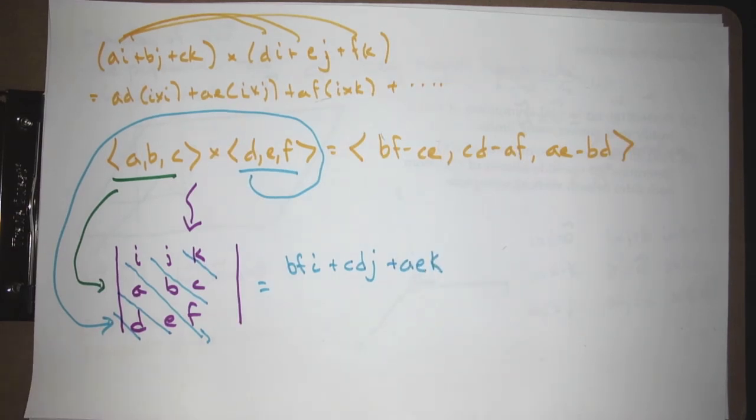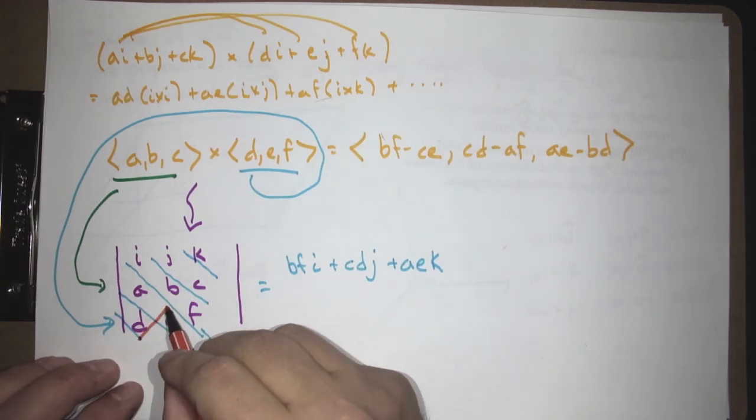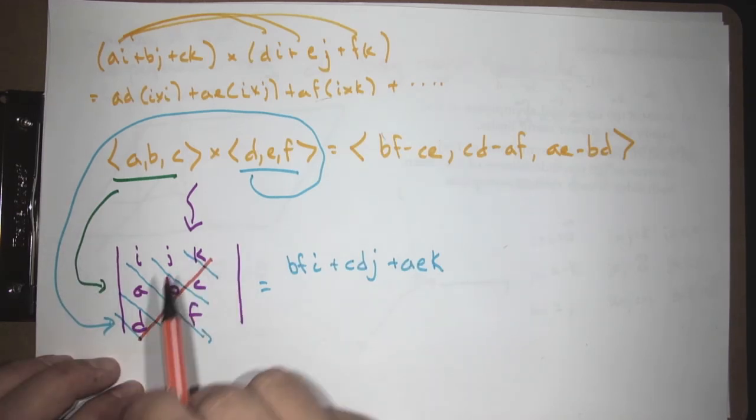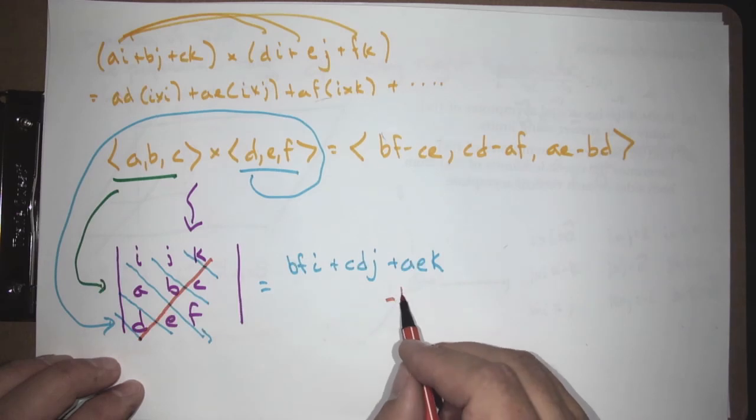But that's not enough. Now, we're going to do it a second time, but instead of going down, we're going to go up. D times B times K. Now here's the thing to remember. Downhills you add. Uphills you subtract.